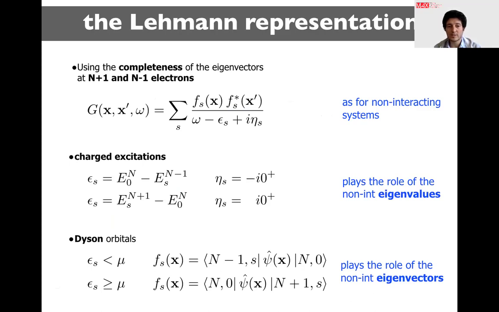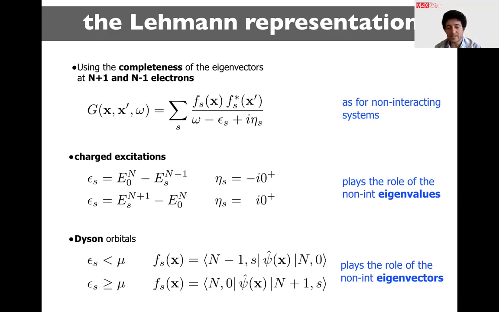Instead here, epsilon s are total energy differences of many-body total energies at n excited, n-1 or n+1 electrons, and the orbitals become these Dyson orbitals or Dyson amplitudes that are defined with this matrix element involving, again, the many-body ground state at n particles with excitation at n-1 or n+1.